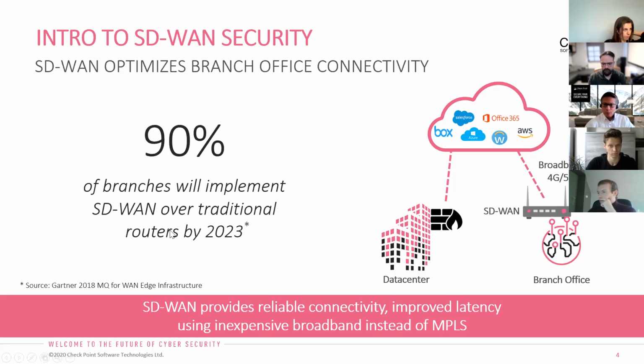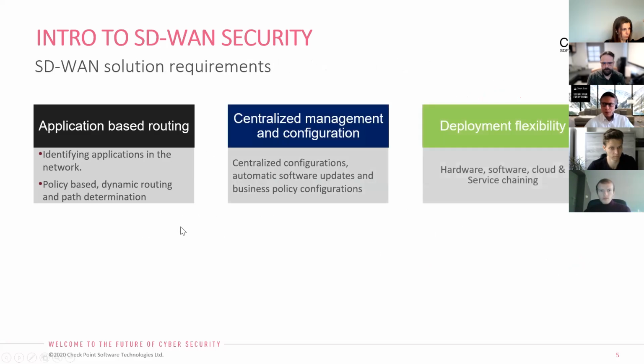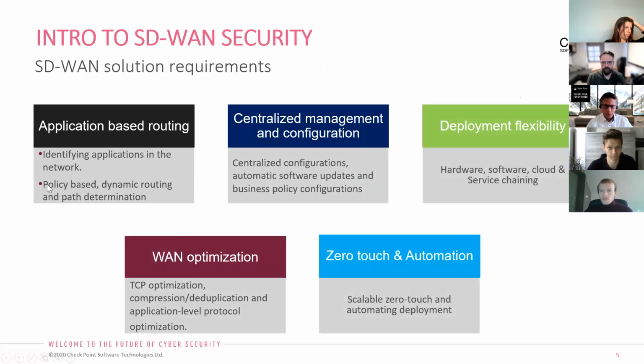So the most important requirements that we do see is definitely the application-based routing. It was already shown, the usage of video conferencing, Zoom, Teams, or other video conference applications needs to be guaranteed with a certain service level in order to ensure a proper streaming of video without hiccups or interruptions. It needs to be also managed from a centralized point. We need to be sure that you can push the policies and the configuration the proper way from a centralized management environment.